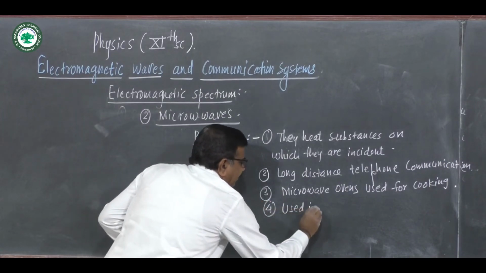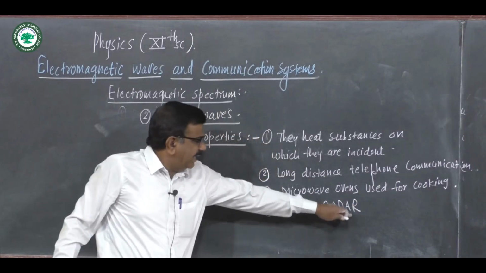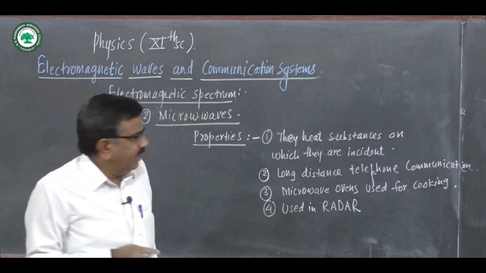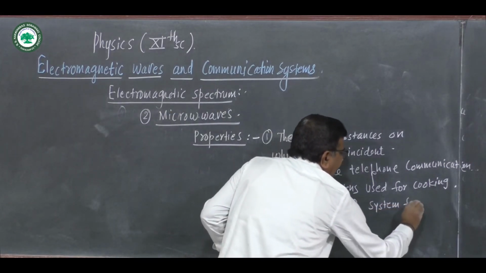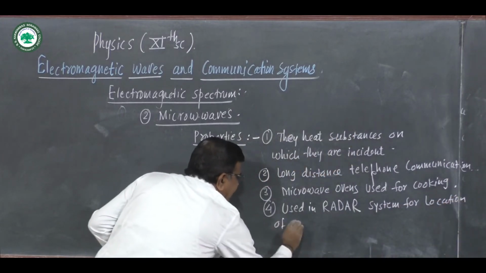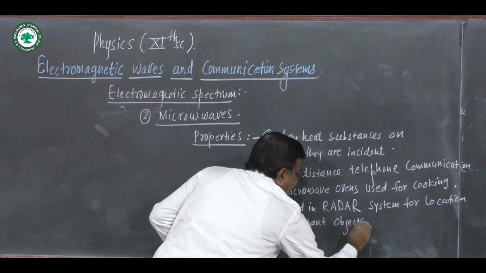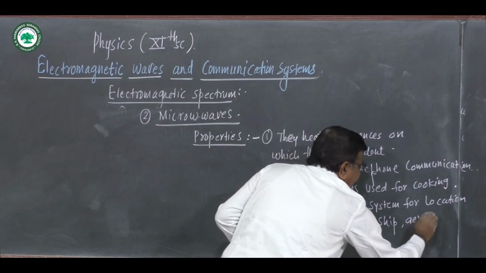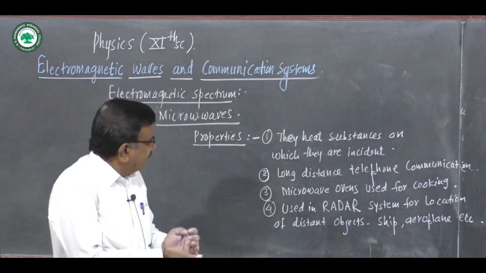The next is use in radar. Radio detection and ranging unit, called the radar system, is used for location of distant objects such as ship, aeroplane, etc. These microwaves are used in the radar system.